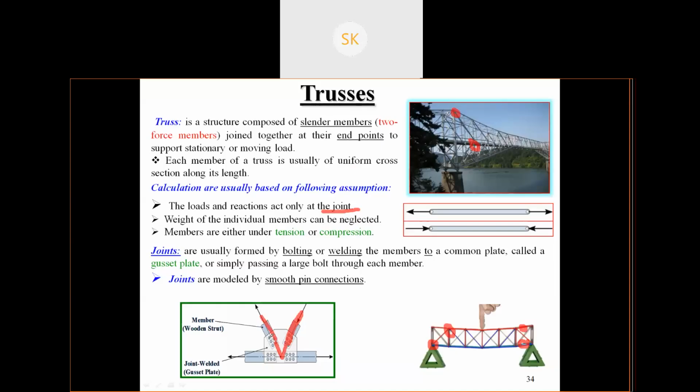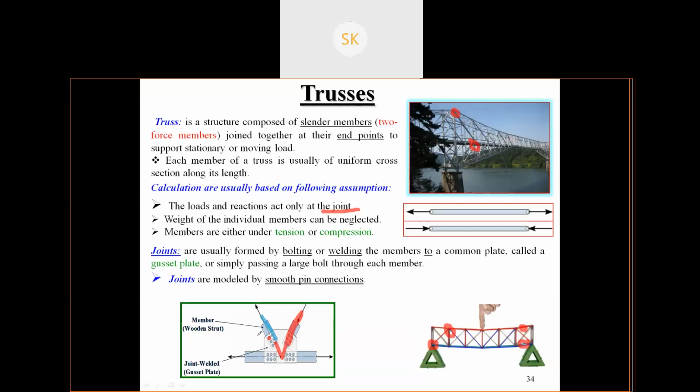Okay, these are usually formed by bolting. Bolting means they have provided some screws. If you see the Brahmaputra Saraighat bridge, that is a truss bridge, right? The first one, not the new one. The first one was a truss bridge. If you see closely, you will see this type of pattern. So the members are bolted.